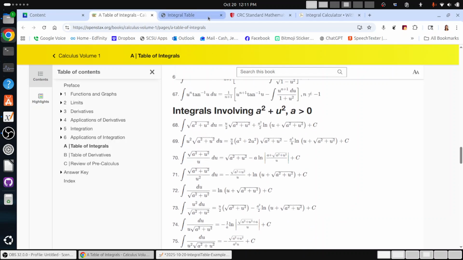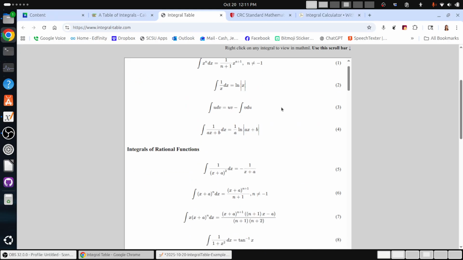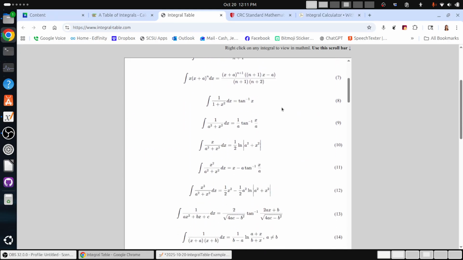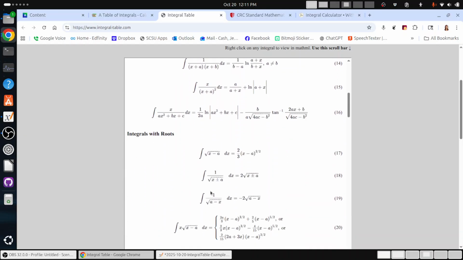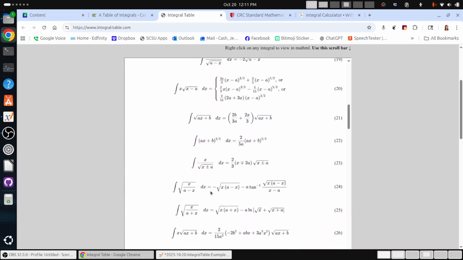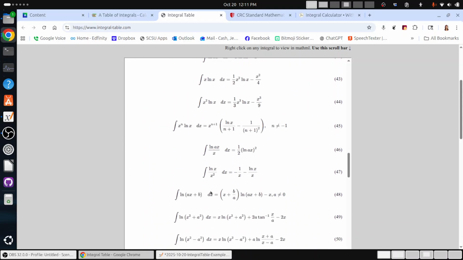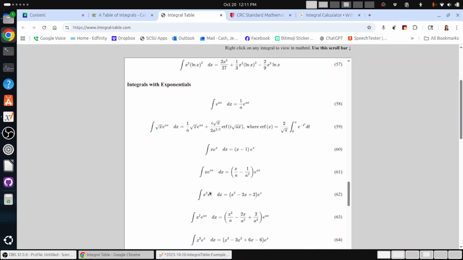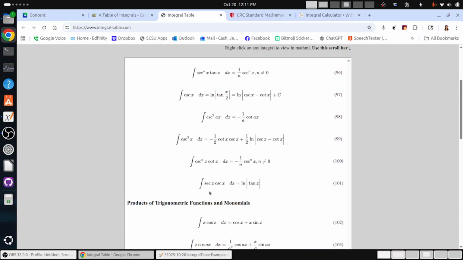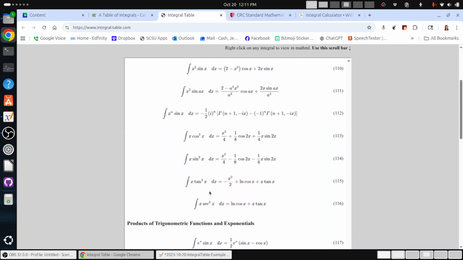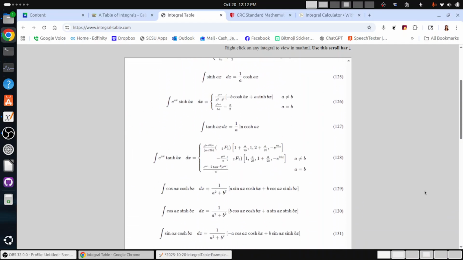Now when I go to the integral tables here, again I run into a similar situation. I can find some with roots in there, and some that have logarithms and exponentials and trigonometric functions, but I just can't quite find the one that I want.